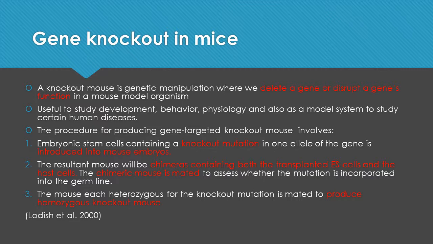So the chimeric mouse is a method to assess whether the mutation is incorporated into the germ line to their progeny. After that, the mouse progeny that is heterozygous for the knockout gene is mated with another heterozygous mouse in order to produce a homozygous knockout mouse. Okay? So you will get total knockout gene expression.